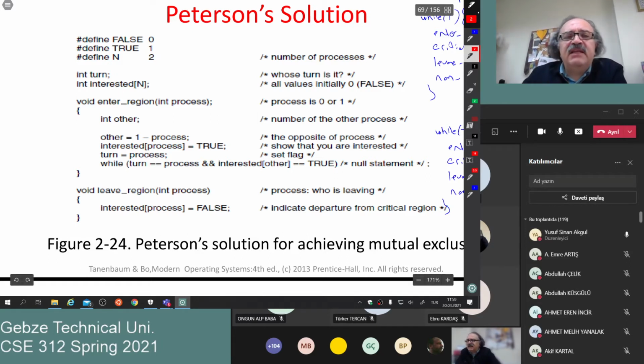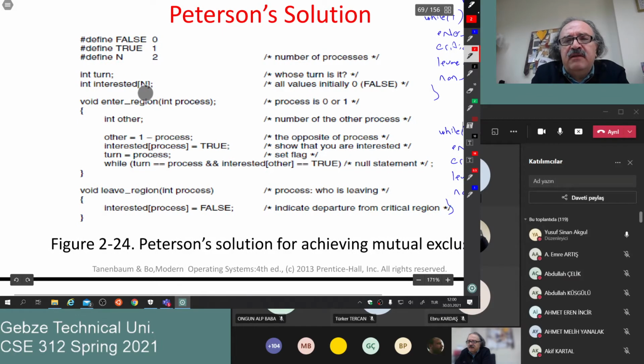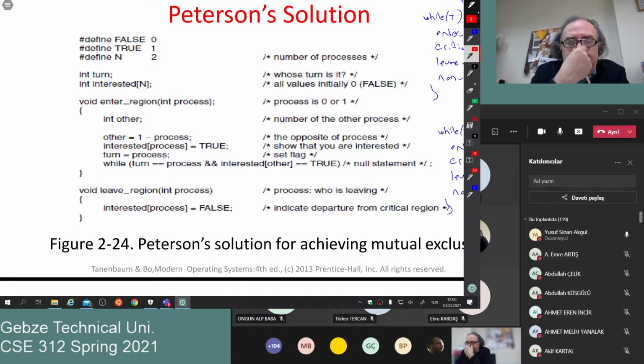And interested is actually a binary Boolean array. If I am process 0, I make element number 0 to 1. If I am process number 1, I make element number 1 to 1. So I am showing that I am interested in entering the critical region.